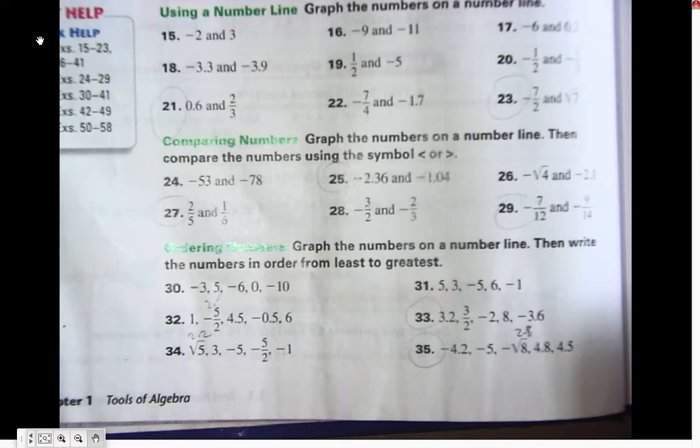So -3.5 is a little past -3, in between -3 and -4. 2.6, I'm going to 2, and then I'm going past 2. So if you look at 25, you're going to do exactly the same thing. Except the last part of 25 is then to compare the numbers. So after you graph them, which one is bigger than the other? Or which one is smaller than the other?